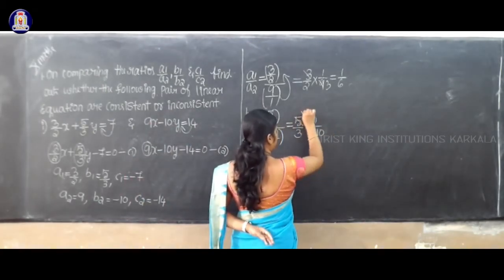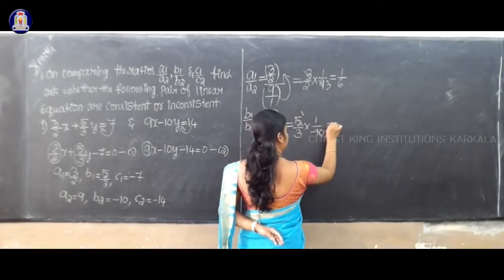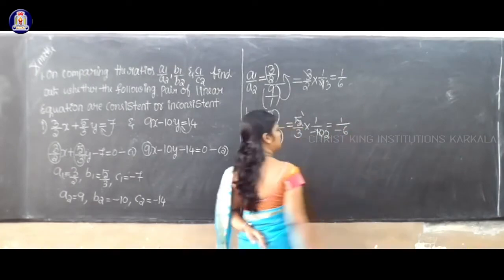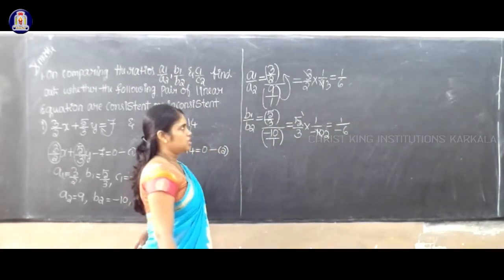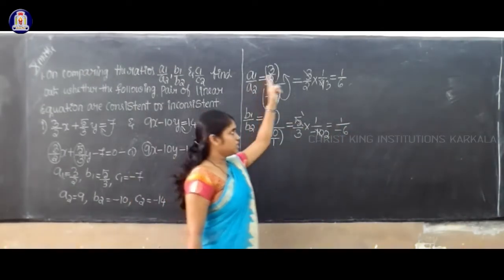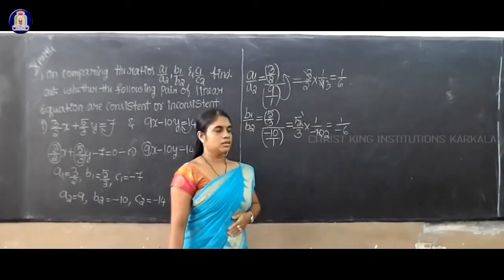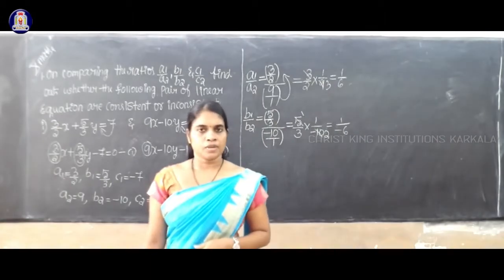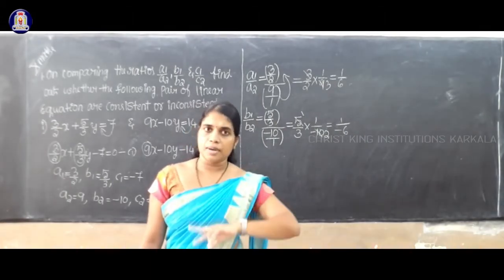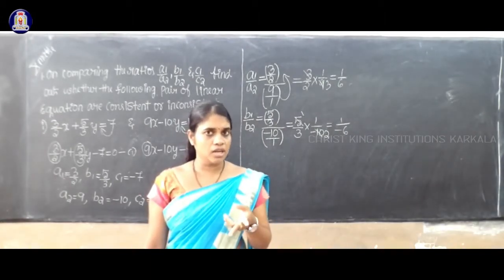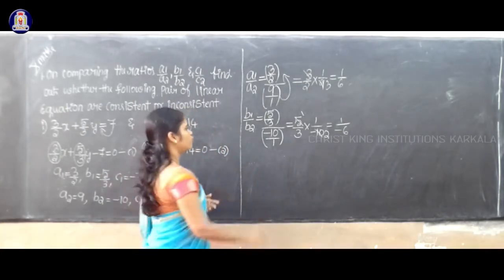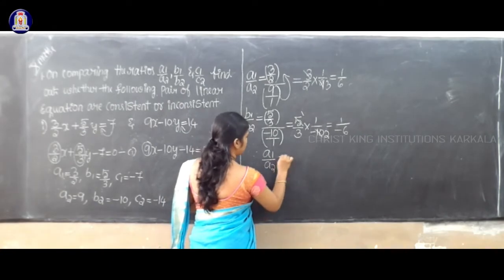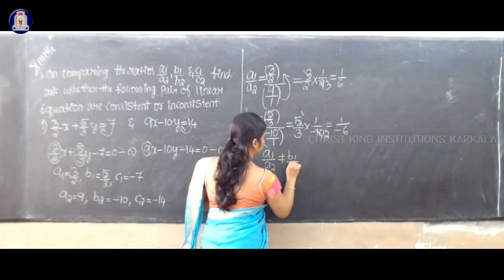Five ones are 5, five twos are 10, so 3 into minus 2 is minus 6. So A1 by A2 is equal to plus 1 by 6, but B1 by B2 is equal to minus 1 by 6. Are plus 1 by 6 and minus 1 by 6 equal? No. Therefore A1 by A2 is not equal to B1 by B2.